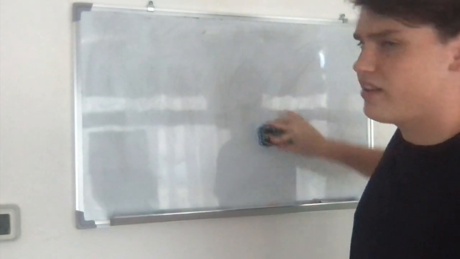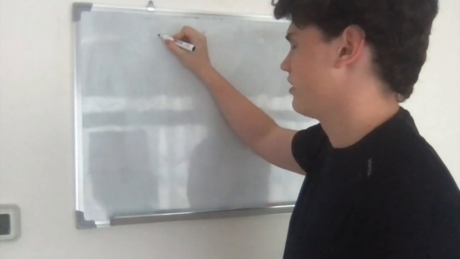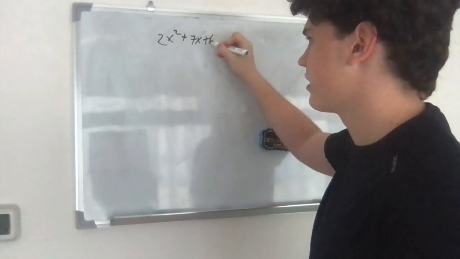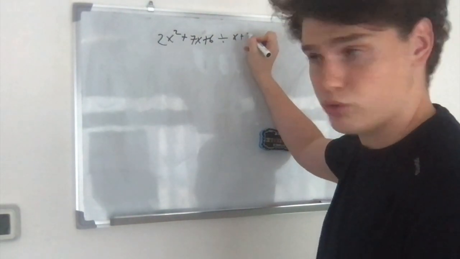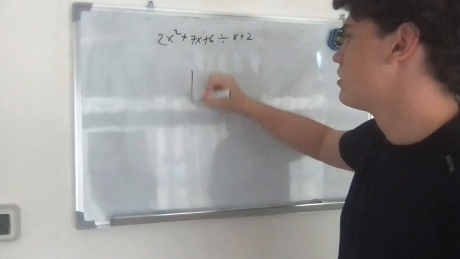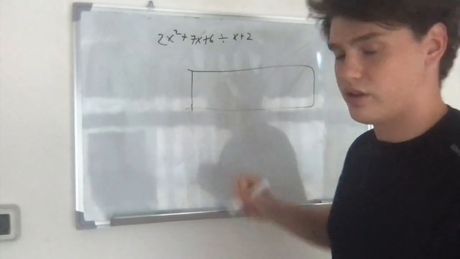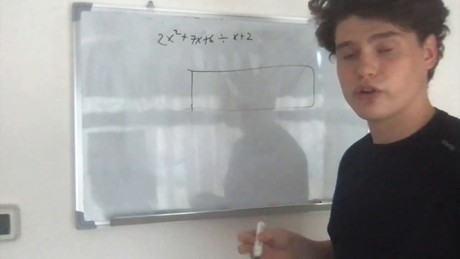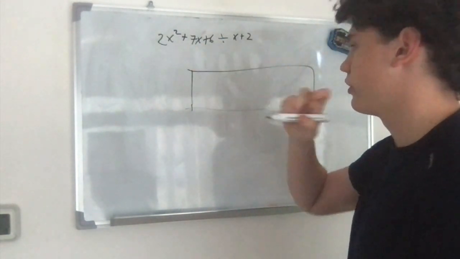So let's take a function such as 2x squared plus 7x plus 6, divided by x plus 2. I did mess up the writing there. This is a high school process called polynomial division, because we're dividing two different polynomials.